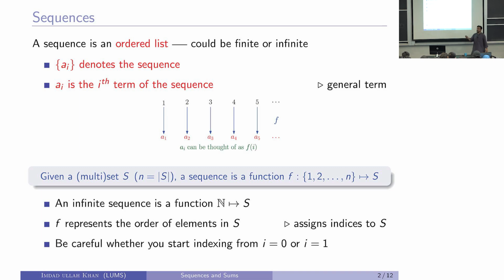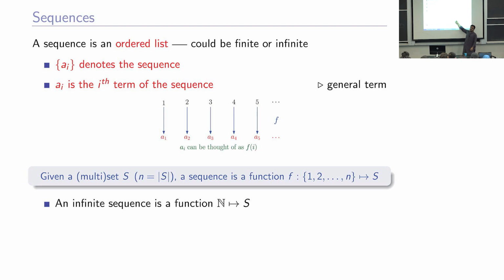Okay, so this f actually gives an ordering. It basically maps the 5th index to A5, the 4th index to A4, the 7th index to A7, and so on. So that's now an ordering. Okay, big words, nothing there. This is how we denote a sequence, right?